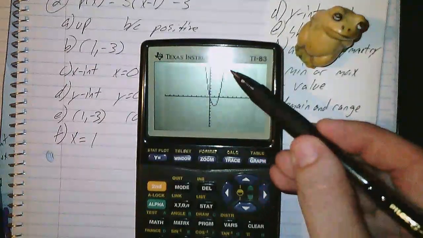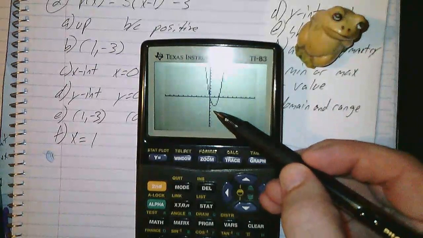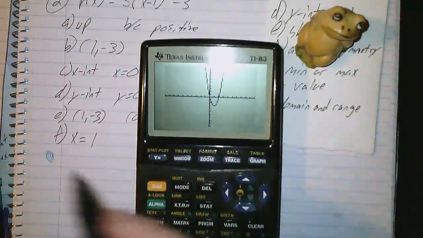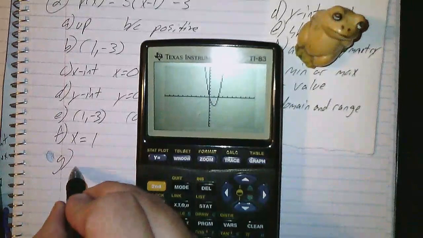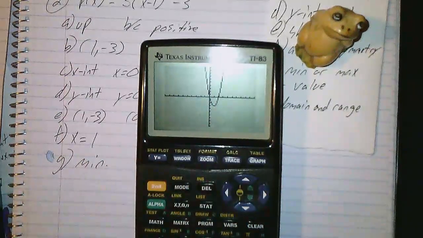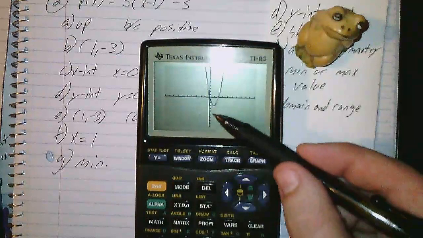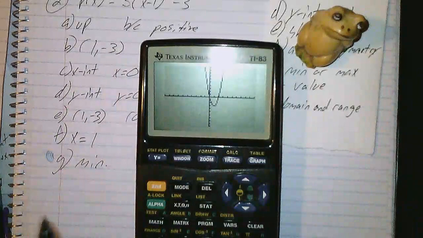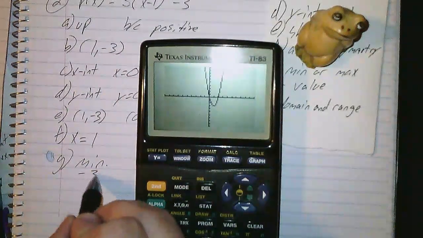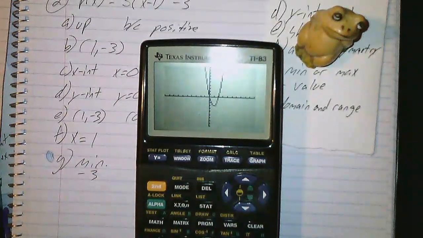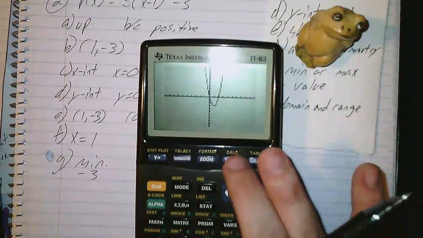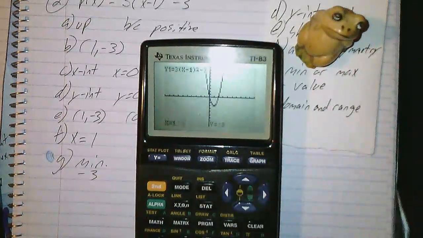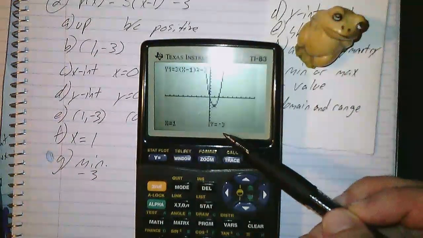We open upwards, so we have a minimum value, and then we state what that minimum value is. It's just the y value of our vertex, -3. So a minimum at -3, because the vertex is at (1, -3).